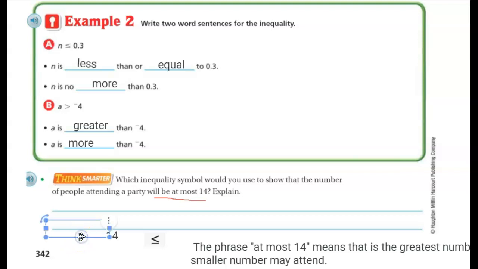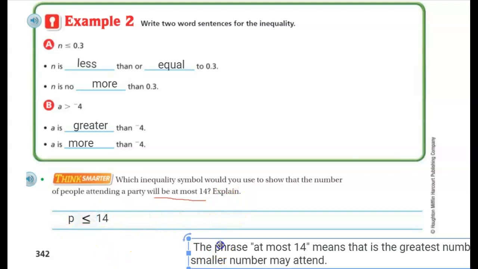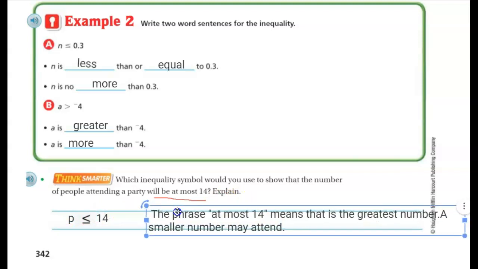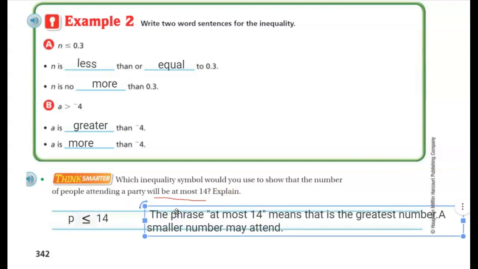So using that unknown number for the number of people at the party, P is less than or equal to 14. And then it says explain what symbol. So the phrase at most 14 means that 14 is the greatest number and a smaller number may attend. Now that we've done this lesson, writing inequalities, you will move on to practice.